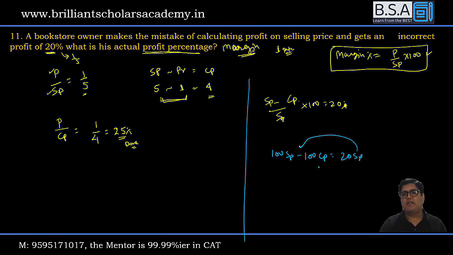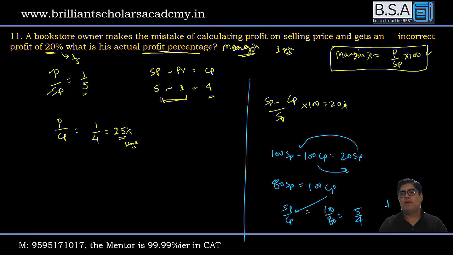You transfer this, we have 80 SP is equal to 100 CP. You bring down CP. So SP upon CP becomes 100 by 80, which is 5/4. So selling price is 5, cost price is 4. So profit percentage is 1/4.